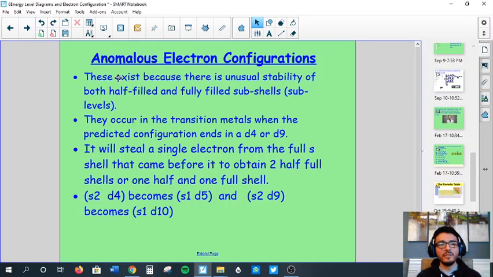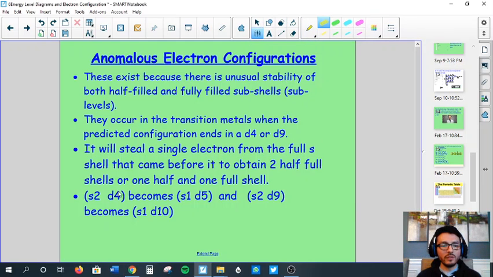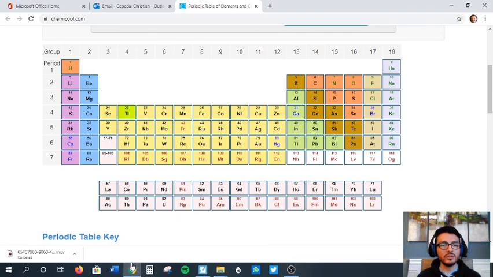This you will have to know. There are some anomalous electron configurations, but there's a pattern here, not difficult to figure out. So it is electronically more stable if we have an electron configuration where we see a d4. Wherever you see, get a highlighter, wherever you see d4, so a d orbital that is almost half filled, 1, 2, 3, 4.